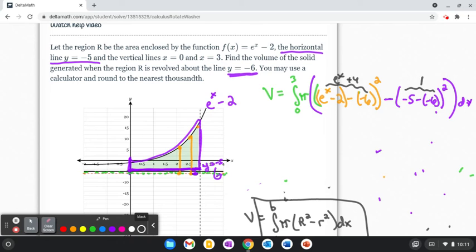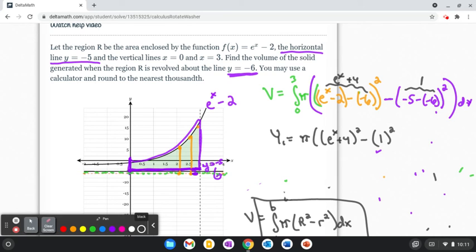So what I'm going to type into my y1 is pi, and then parenthesis, e to the x plus 4, close parenthesis, squared. And actually, sorry, I should do a double parenthesis. So here's what I'm typing in: pi, parenthesis, e to the x plus 4 squared, minus parenthesis 1 squared.